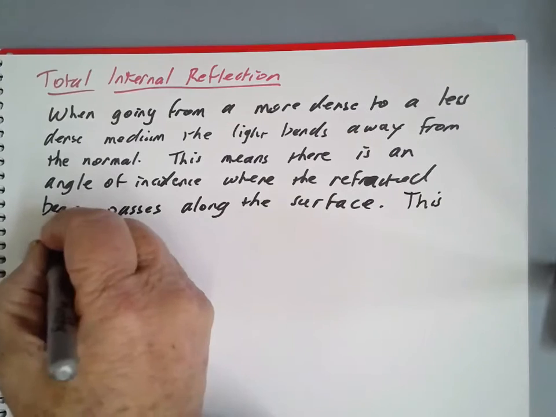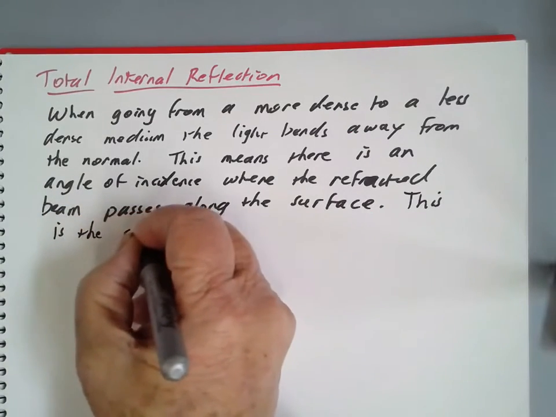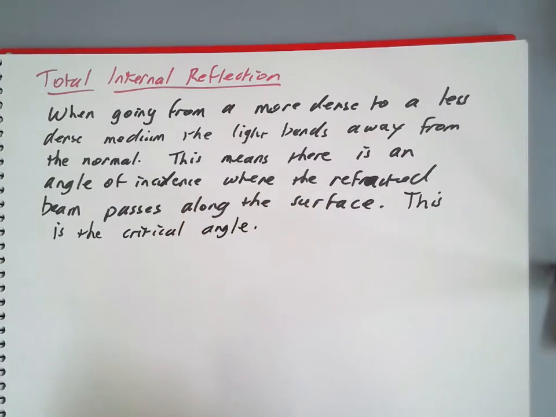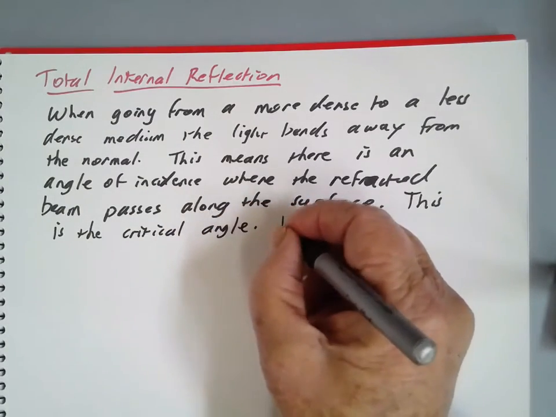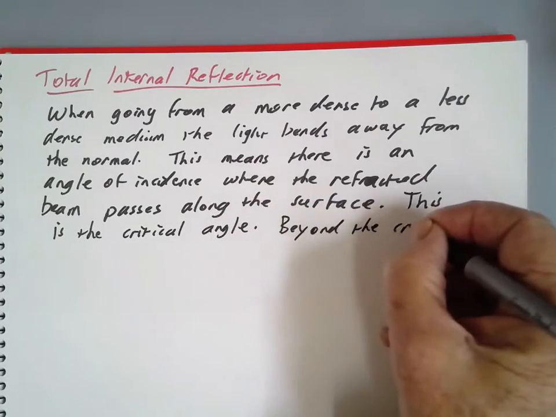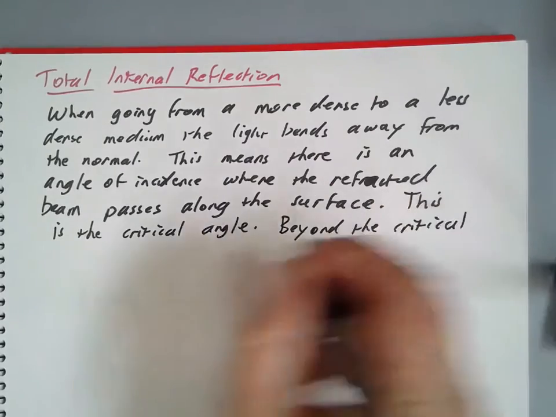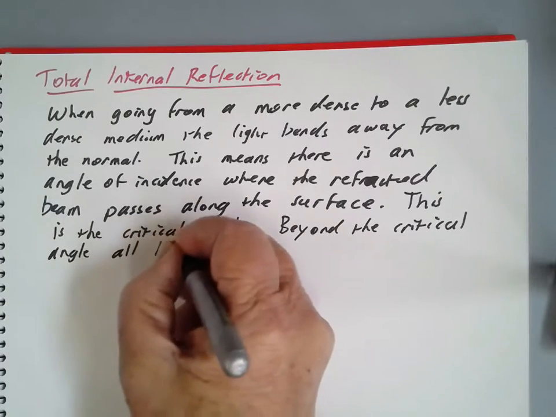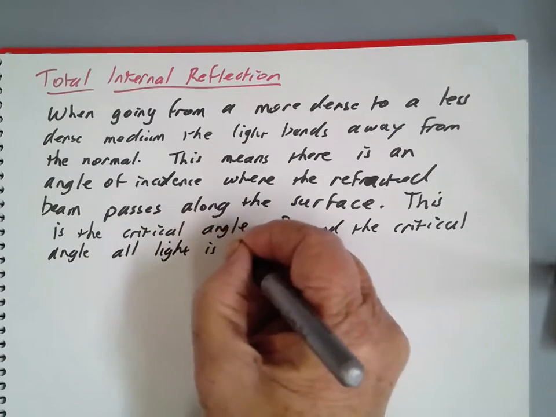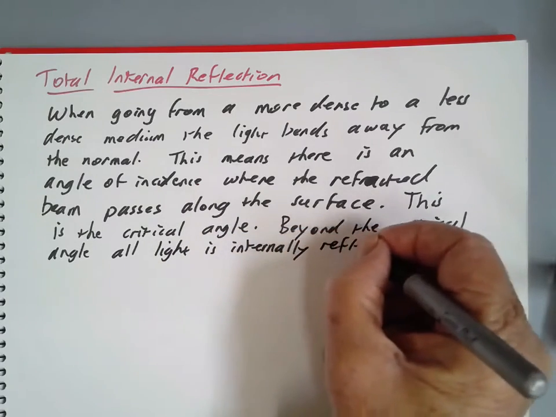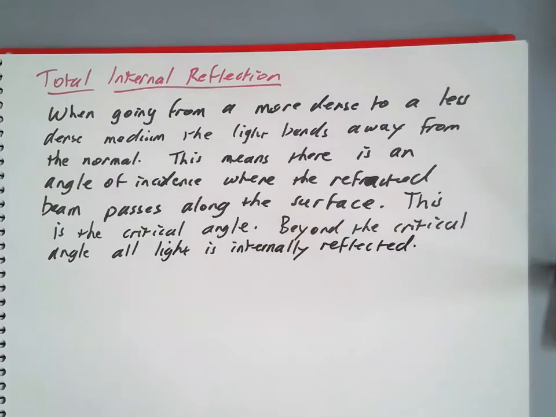This is the critical angle. And beyond the critical angle, everything is reflected. Beyond the critical angle, all light is internally reflected.